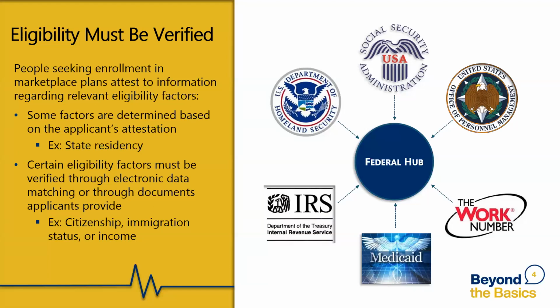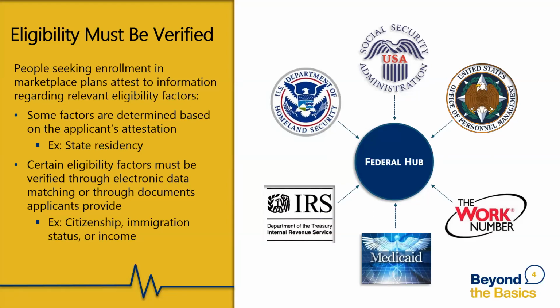So for example, in healthcare.gov, the application that a lot of you utilize to get people enrolled in the marketplace, that application is set up so that it will accept the person's information about where they live, the address that they're providing, as sufficient to determine state of residence, or living within the marketplace area, which is an eligibility factor. Other eligibility factors must be verified, such as citizenship.